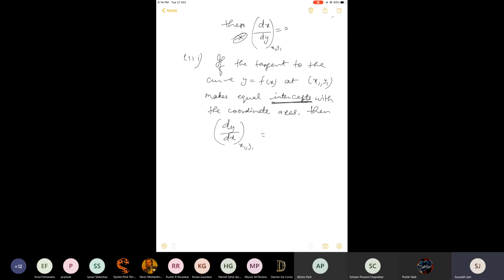So in such a case, what about dy by dx? Can anyone tell me? Forget about the tangent. Just think about one basic thing. If a line is making equal intercepts with both the coordinate axes, can you tell me what will be its slope? Any line making equal intercepts with both the coordinate axes, what about the slope of this line?